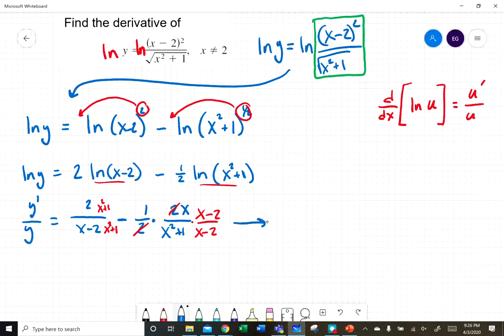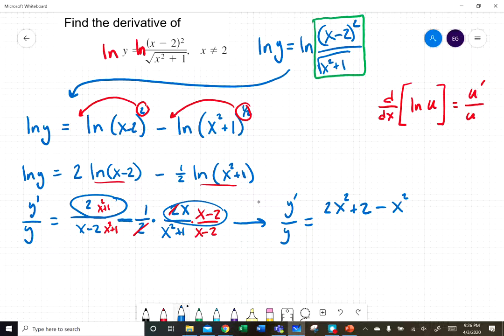Okay, so let's clean this up a little bit. We have y prime over y is equal to 2x squared plus 2 minus, and here we've got a minus x squared and a minus minus 2x, so that's a plus 2x.